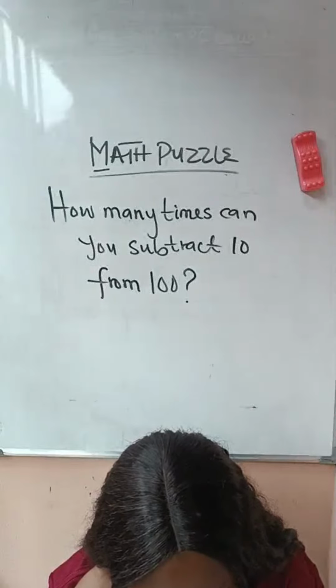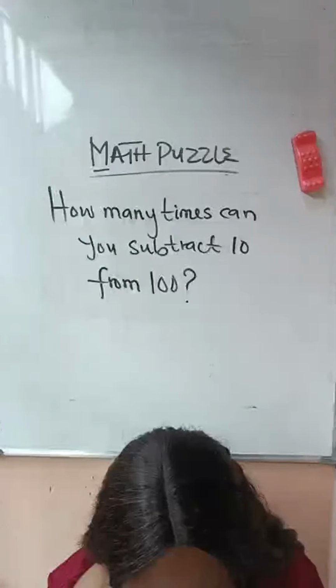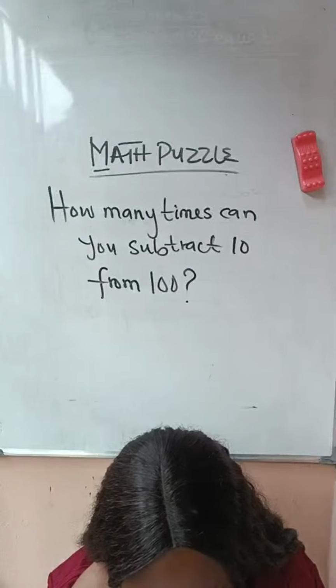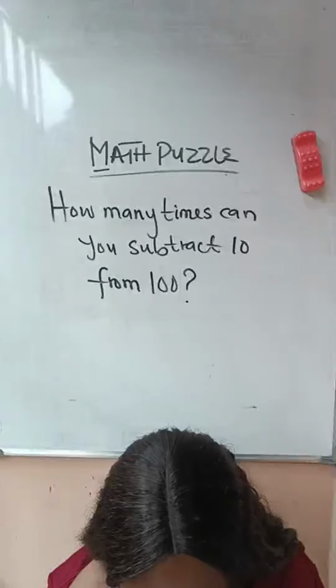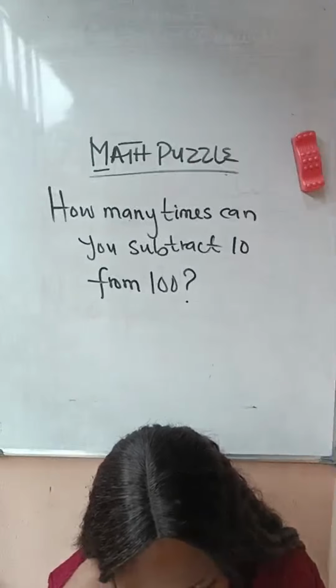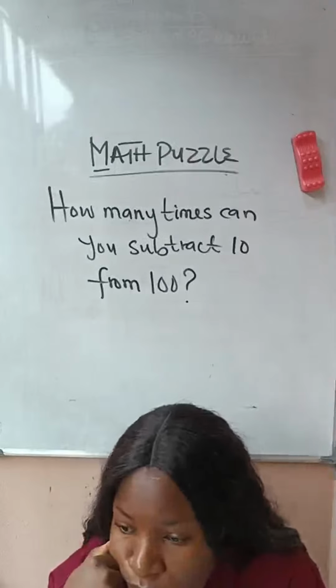Sheep, you are welcome. Kenneth says once. Dema, thank you for joining. Kenneth, thank you for joining. So Dema says 10. Levi Grace says once because after the first time, the 100 becomes 90. Okay. Catman, you are welcome. Catman says the answer is once as well.